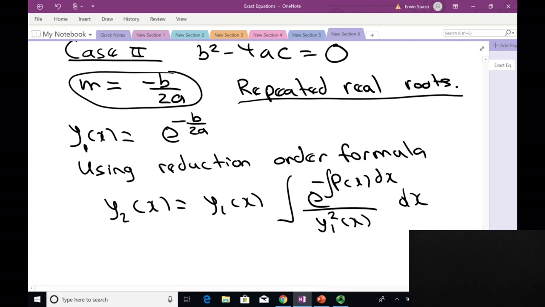This is my reduction of order formula. Remember we used it last time. The general equation is y double prime plus p of x y prime plus q of x y equals 0.